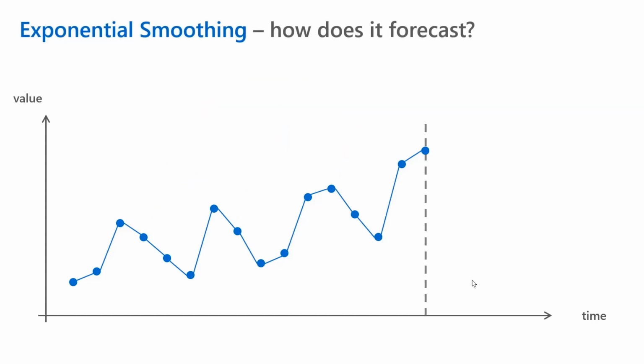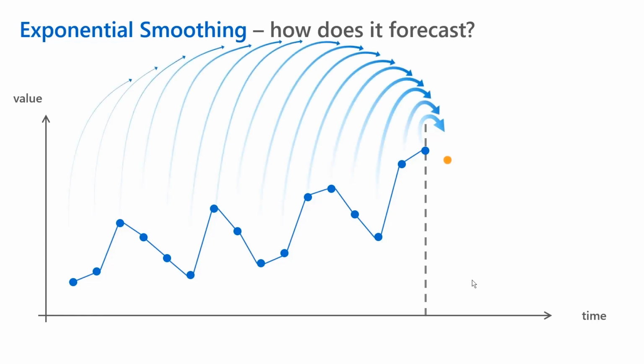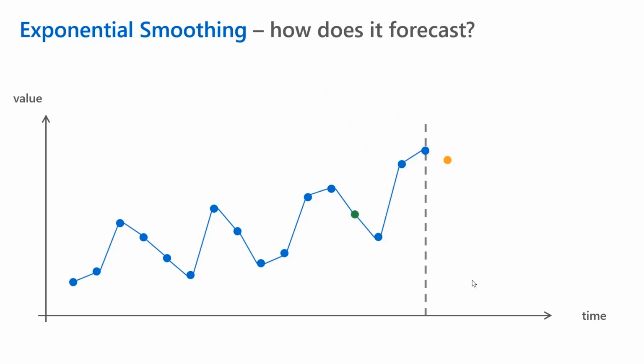So let's review how exponential smoothing actually generates a forecast. The value at a particular time step is influenced by the most recent time step, but it is also influenced exponentially by all of the time steps before it. If there's seasonality in your data, the forecasted value is adjusted for the influence of that seasonal effect.